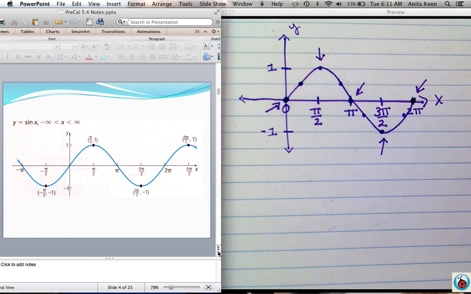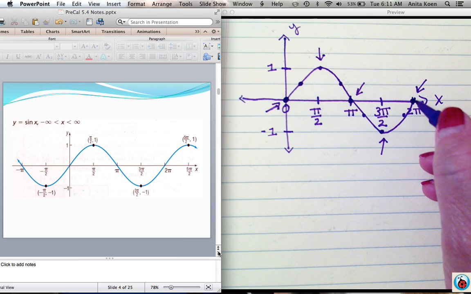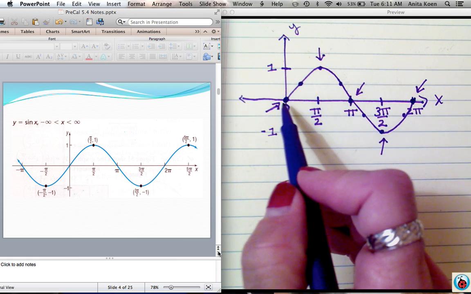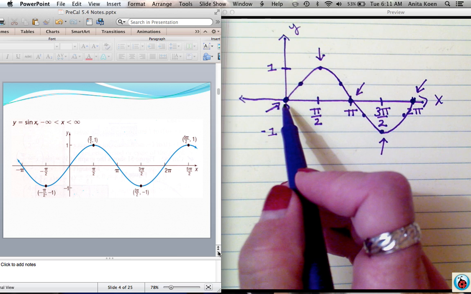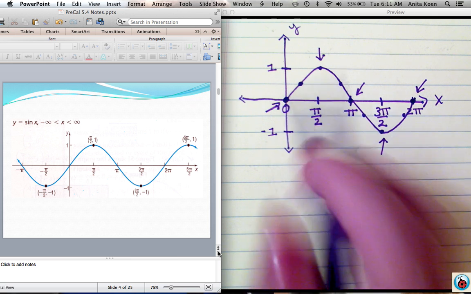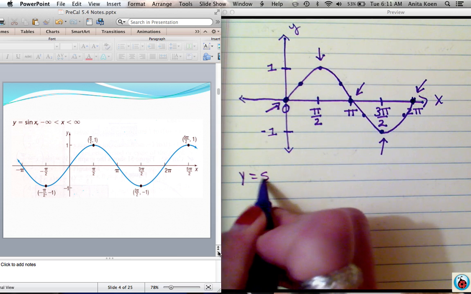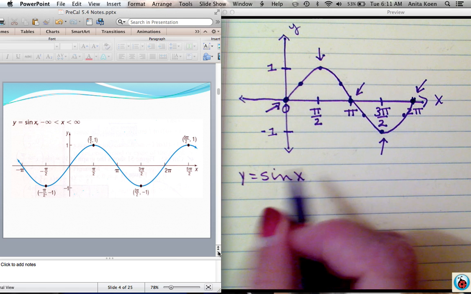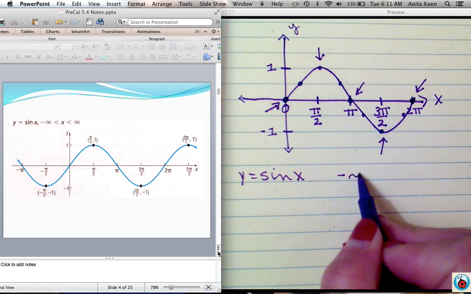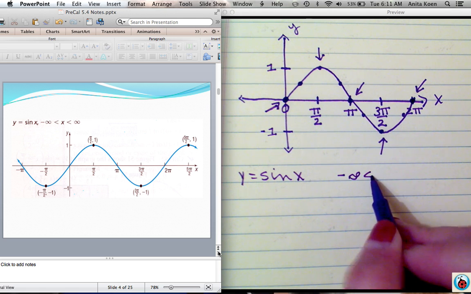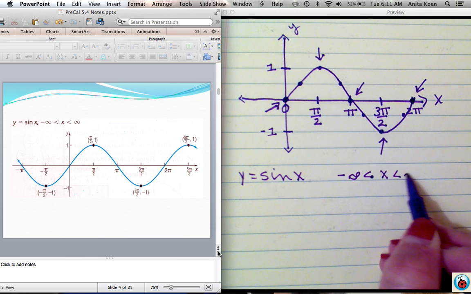The sine function does not just stop here at pi over 2, and it does not start here at 0, 0. I want you to remember that for the sine function, y equals the sine of x, all of its x's can go from negative infinity to infinity.